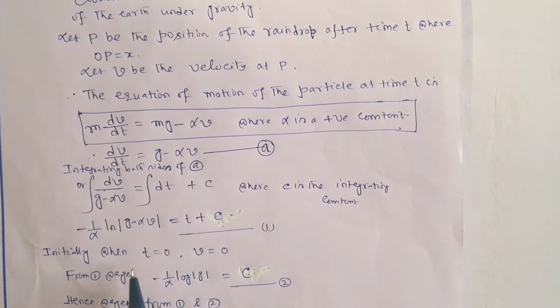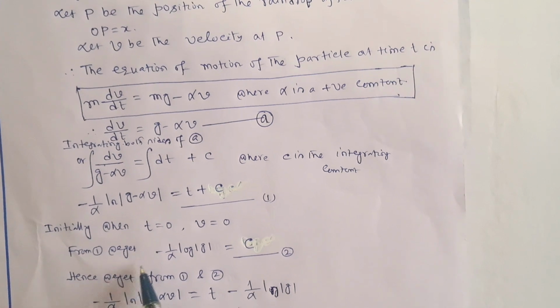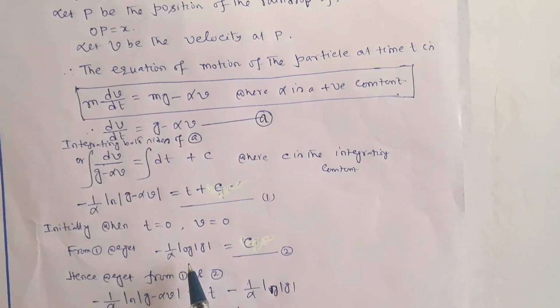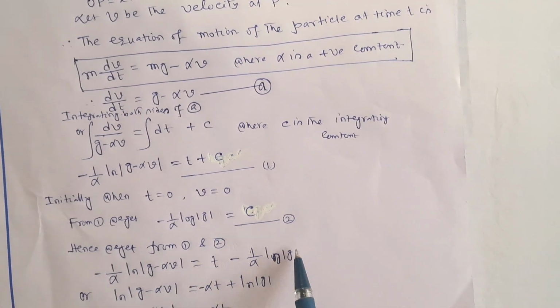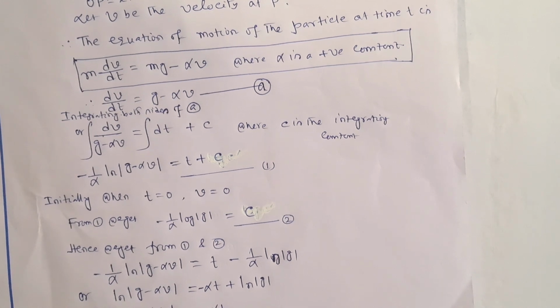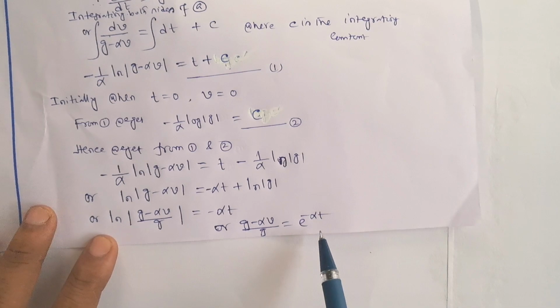Initially when t equals 0, there is no velocity because the particle starts from rest, v equals 0. So from equation 1 we get the value of c. Hence from 1 and 2, after calculating, we get (g minus alpha v)/g equals e to the power minus alpha t.